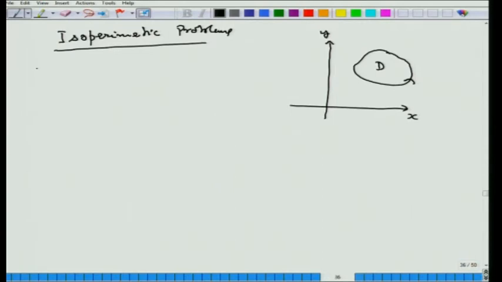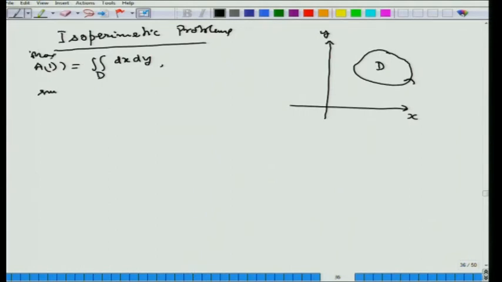So, we know that this area of D is this double integral dx dy, subject to the condition. We have to optimize, or rather maximize, this such that this length, which is the integral of ds, where s is the arc length, is fixed.